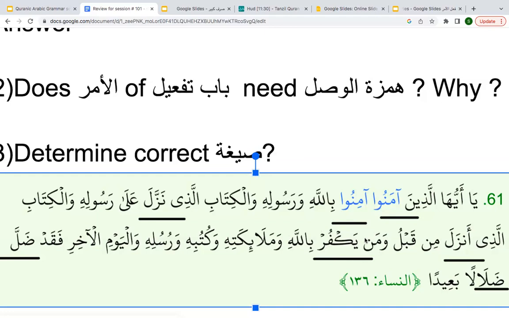Remember, we did it once upon a time, right? Man, ma, mahma, in, idha, ainama, kaifama, haithuma, all those words create a shart, they set a condition, and man is one of those words.